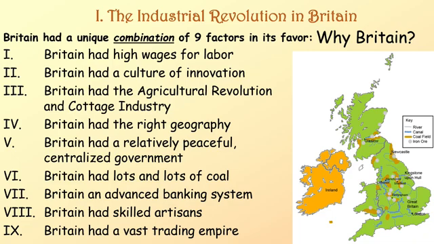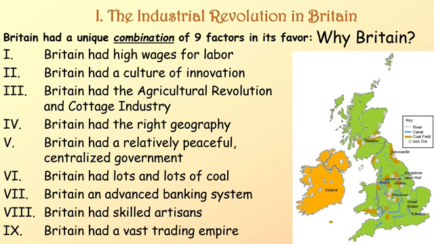go into each one of these in more detail right now. But let's just take inventory of them right here. Number one, Britain had high wages for labor. Number two, Britain had a culture of innovation. Number three, Britain had the agricultural revolution and cottage industry. Number four, Britain had the right geography. Number five, Britain had a relatively peaceful and centralized government.